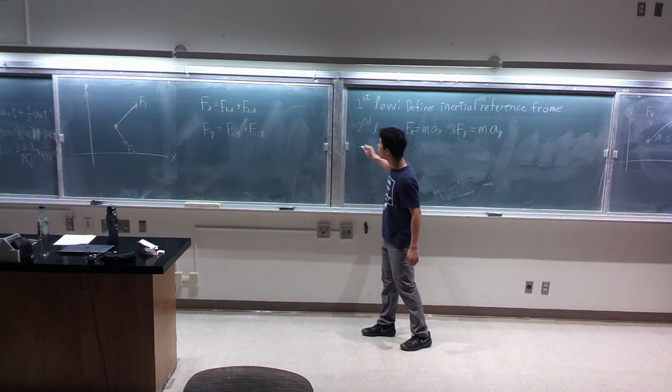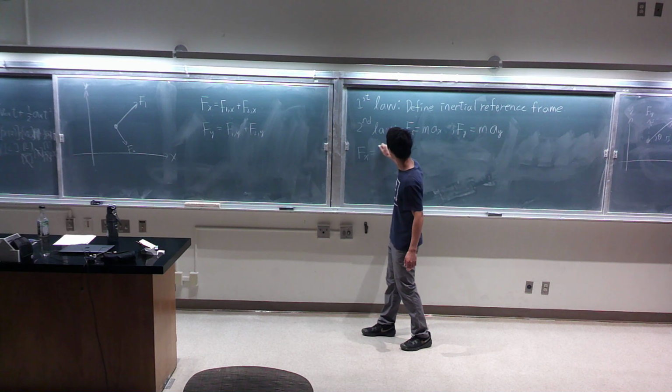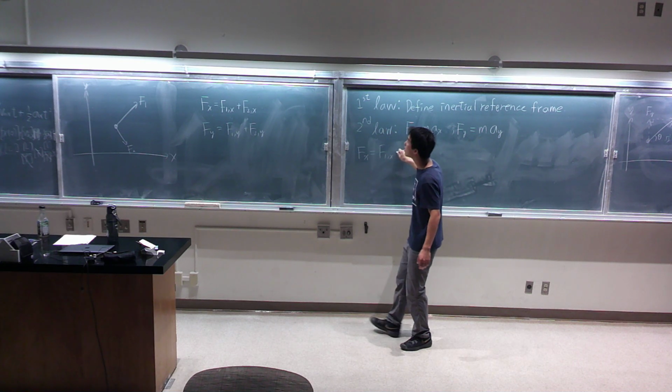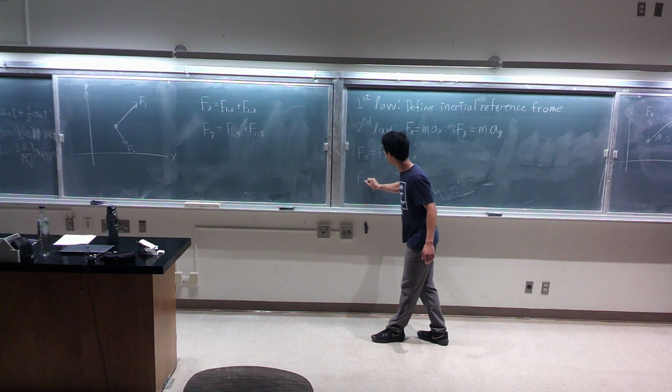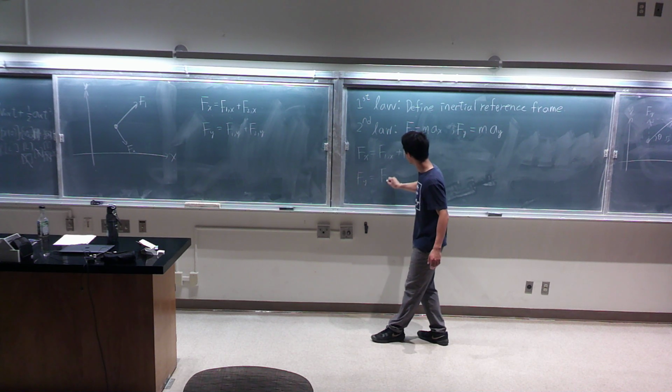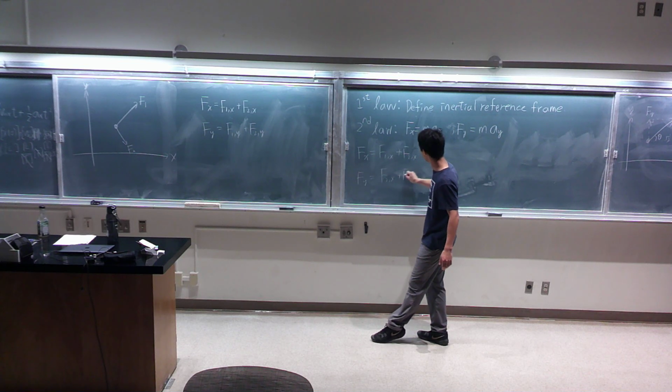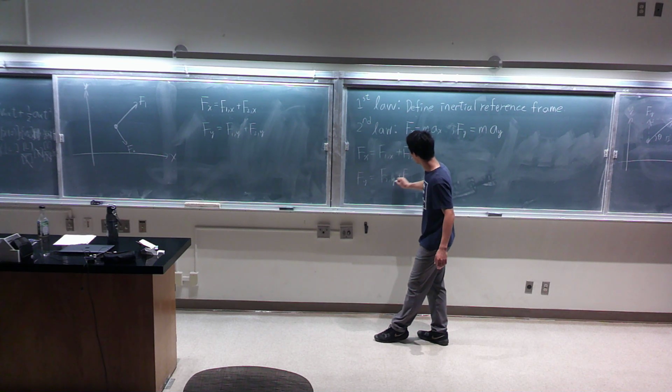So if you have two forces acting on the same particle at the same time, the total force on that particle will be the sum of these two forces. X component is the sum of x components, and y component is the sum of y components.